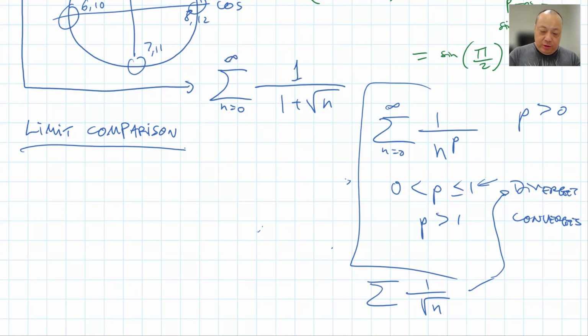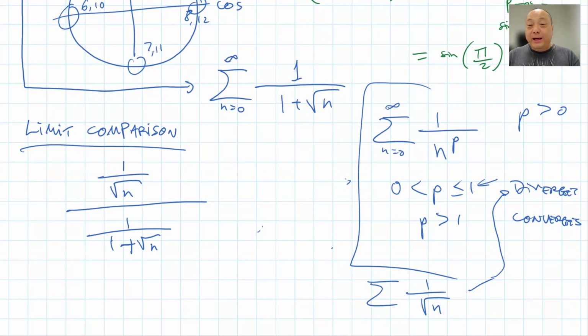So we take the ratio of one divided by the other. I'm going to take this one and divide by that one. Some of you may ask, does it matter which one is on top and which one is on the bottom? And the answer is no, it doesn't matter, because if this limit goes to a finite number, then if you flip it over, it'll go to a different finite number. So either way, it will work.